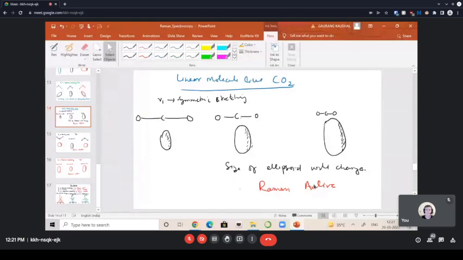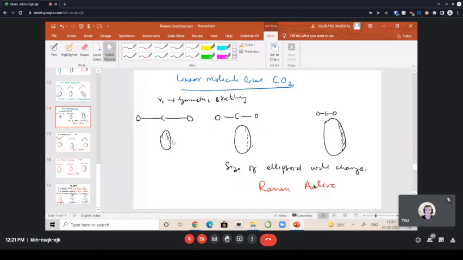When you compress the bond, the size will increase, and when you increase the CO bond length, the size will decrease.